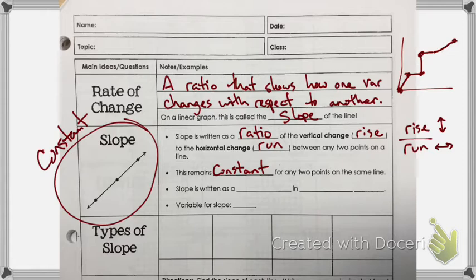Any two. It's always the same. And it's actually always the same because of similar triangles, but we'll maybe get into that a different day. Okay? And every time we write it as a fraction in simplest form. That's like an organizational and a communication thing.